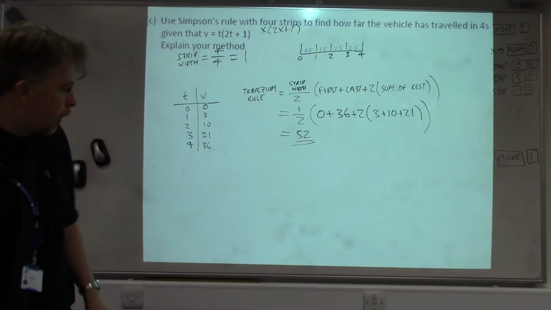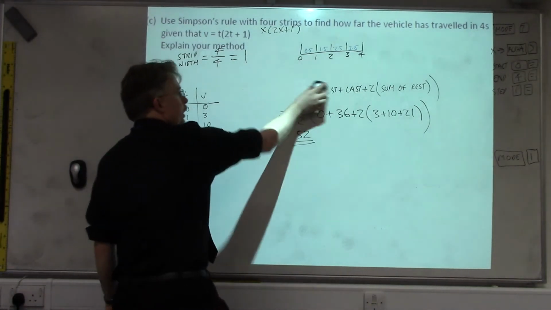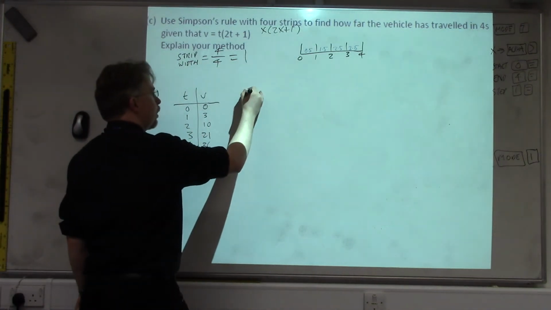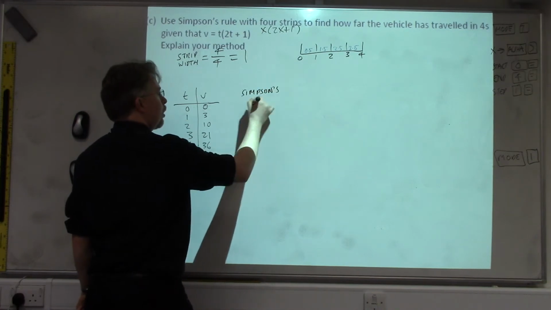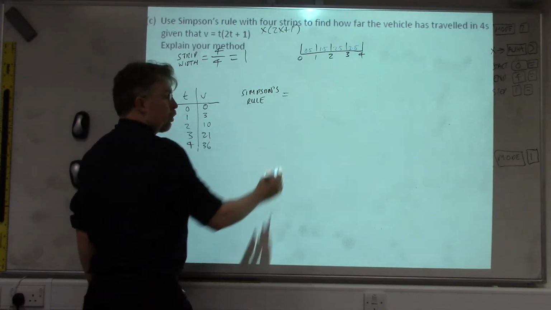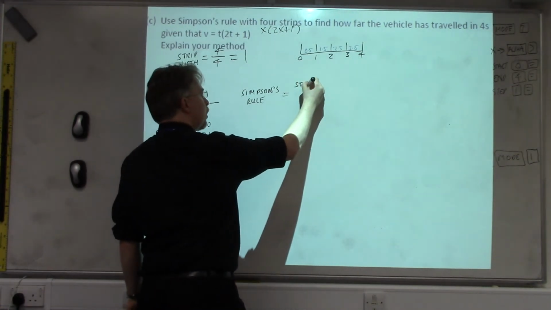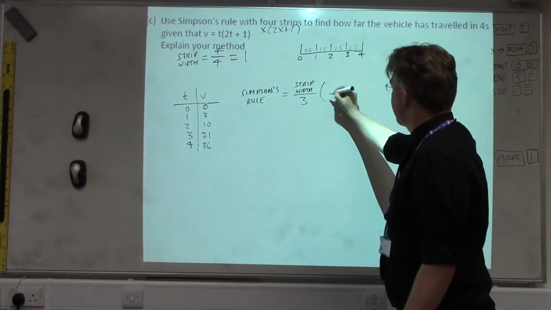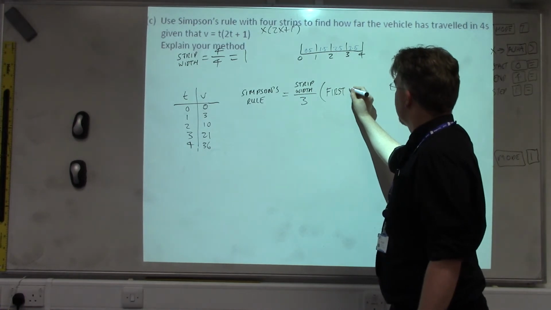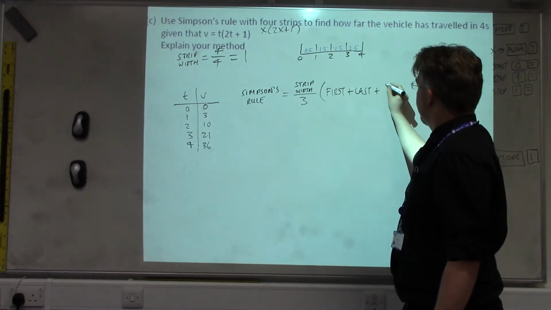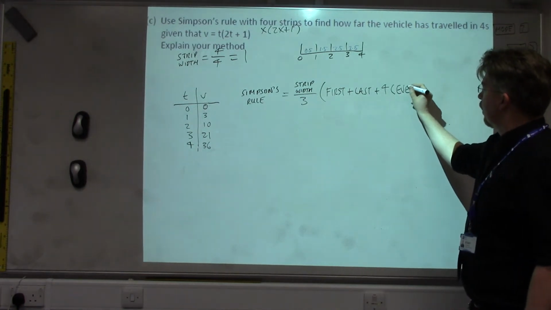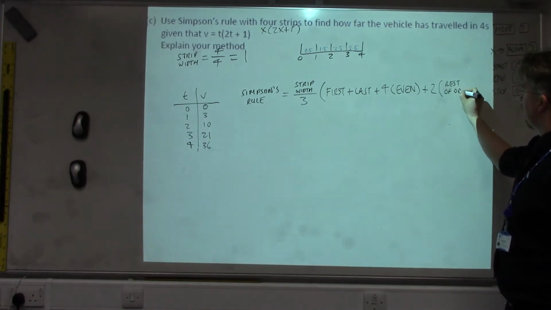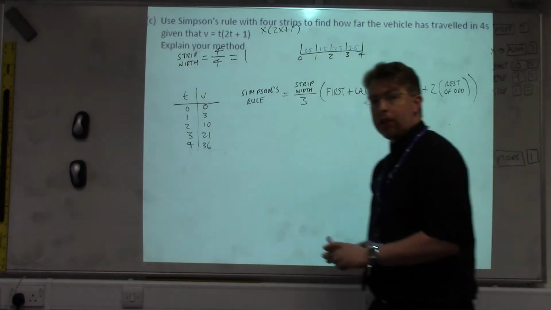Part C, Simpson's rule, using the same table, just a different formula. So strip width over 3, open bracket, first plus last, plus 4 times the even, plus 2 times the rest of the odd, where the even and the odd relate to position.